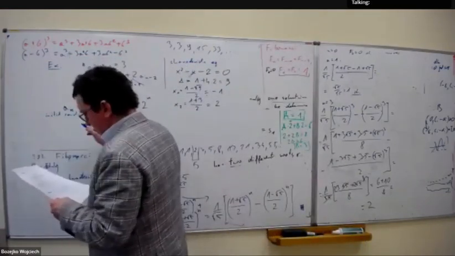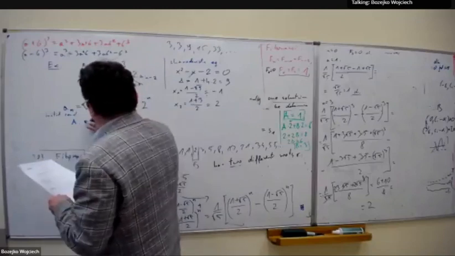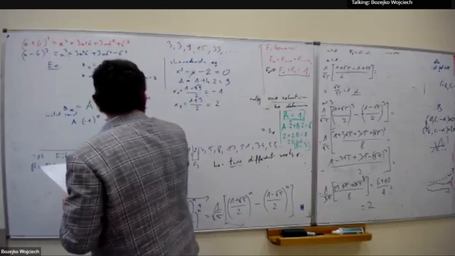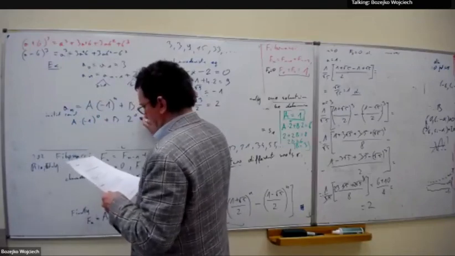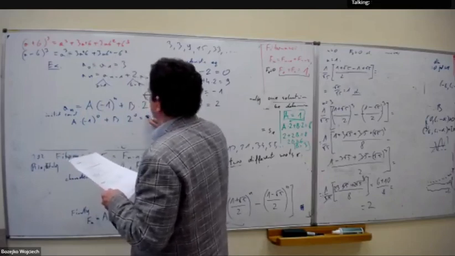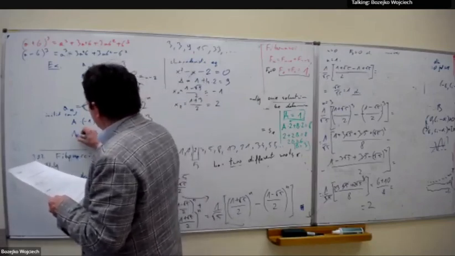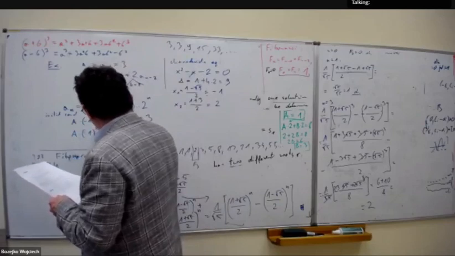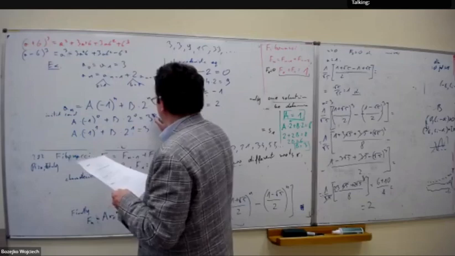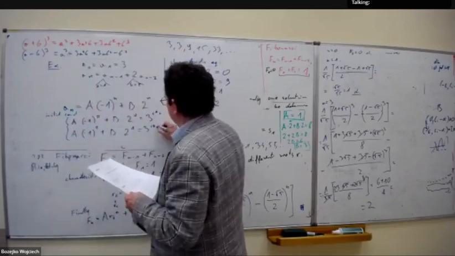So we have in this sequence a times minus 1 to the power of 0 plus b times 2 to the power of 0 should be, for n is 0, so this is 3. And the second, a times minus 1 to the power of 1 plus b times 2 to the power of 1 should be also 3, because this is a0 and this is a1.